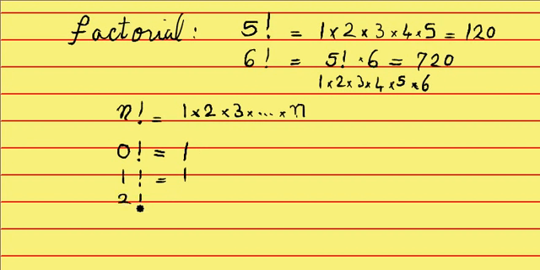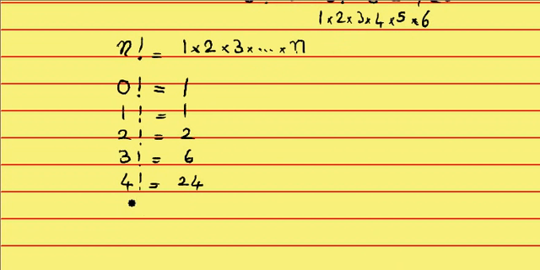It's good to go ahead and write the first few factorials. 2 factorial, 1 times 2. 3 factorial, 1 times 2 times 3, that's 6. 4 factorial is 6 times 4, that will be 24. 5 factorial we just did. 6 factorial was 720, and so on.